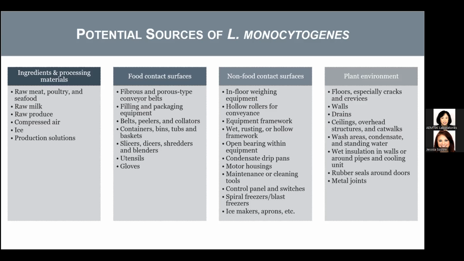And then in the rest of the plant environment, you need to look for pathogens on the floor, especially if the floor has cracks, and crevices in the walls, and drains and ceilings and washing areas, and anything that can hold some water is potentially subject to bacterial growth.